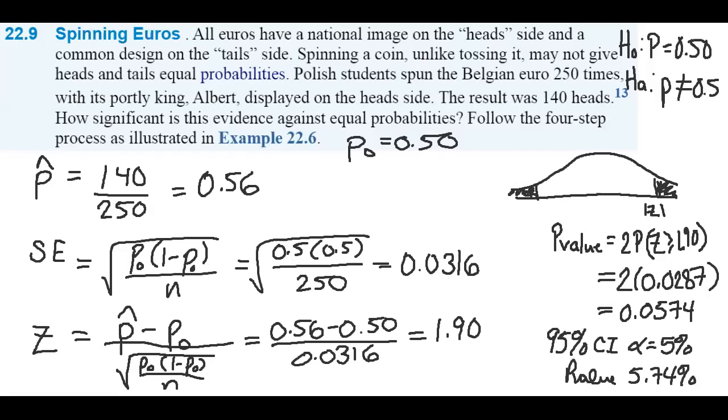So although we would not reject the null hypothesis, it's very close. So possibly if we ran more samples, more spins, right? If we did more and more spins, we might have a more conclusive answer. So our conclusion is that there is some evidence.